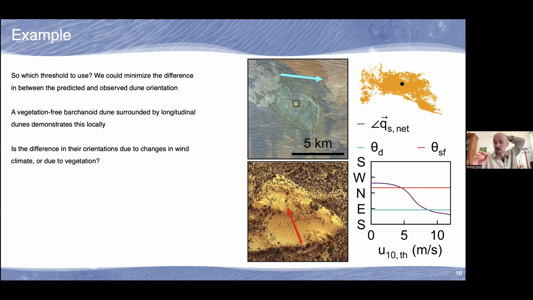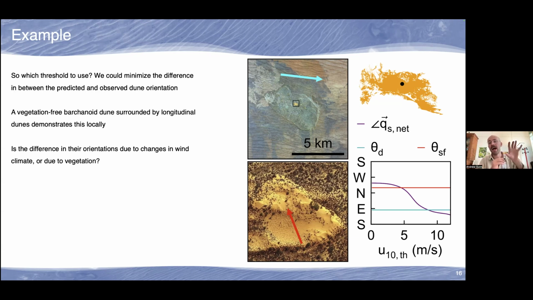But the really important thing here is that if you're trying to measure this huge linear dune orientation pattern across the continent, and there's variability in the vegetation in time or in space, you can't just take the winds and turn them into a dune orientation map, because you don't know what the threshold was in the past.